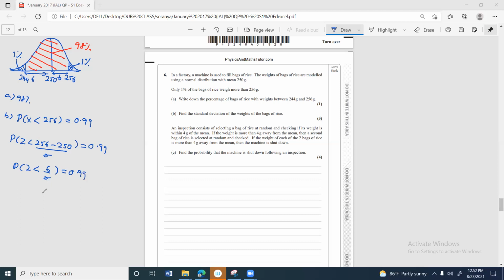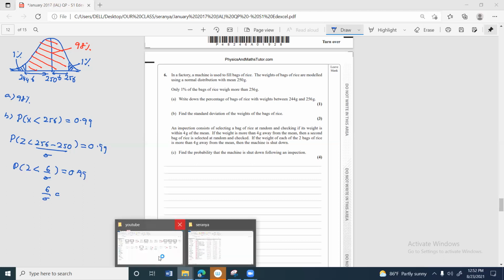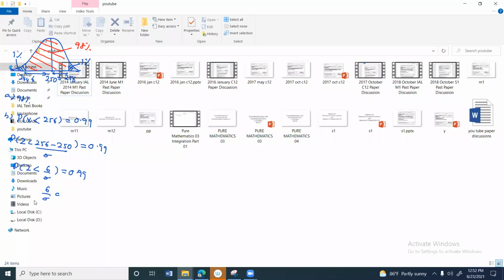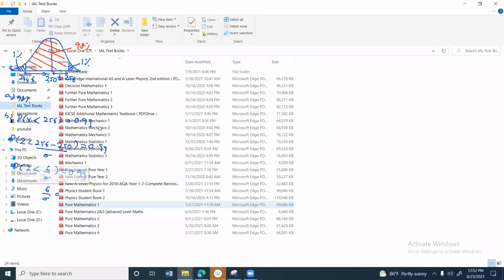Then for 6 over sigma, you can go ahead with the normal distribution table for 0.99. Give me one minute. Here we'll go to the S1 textbook.